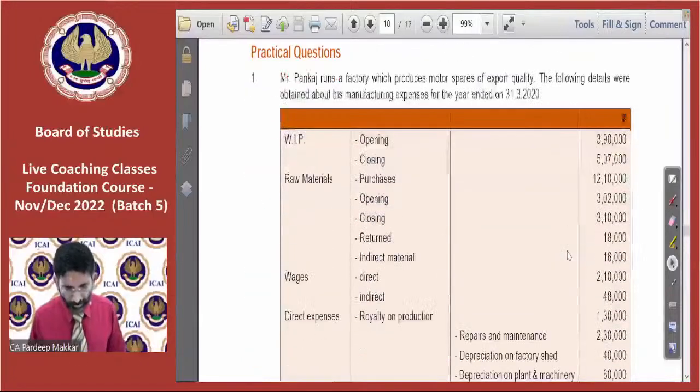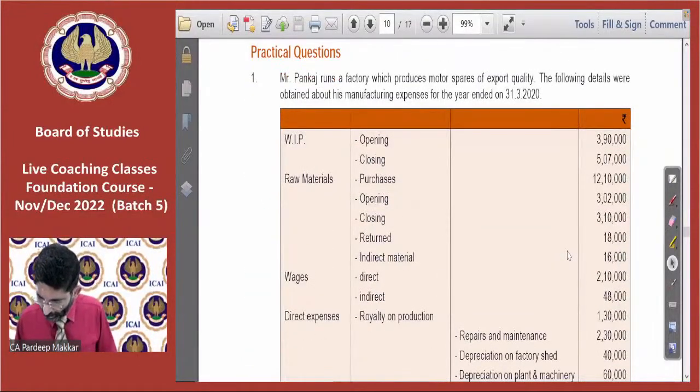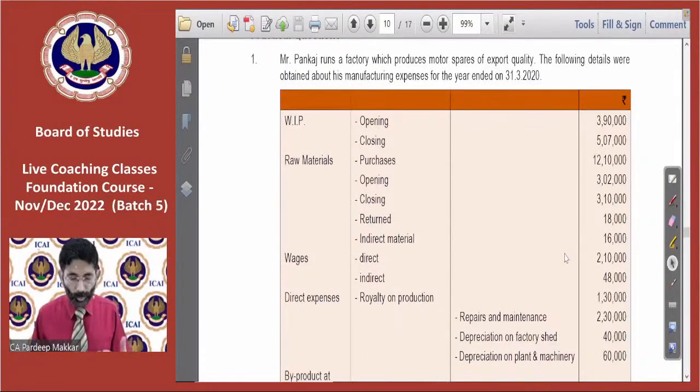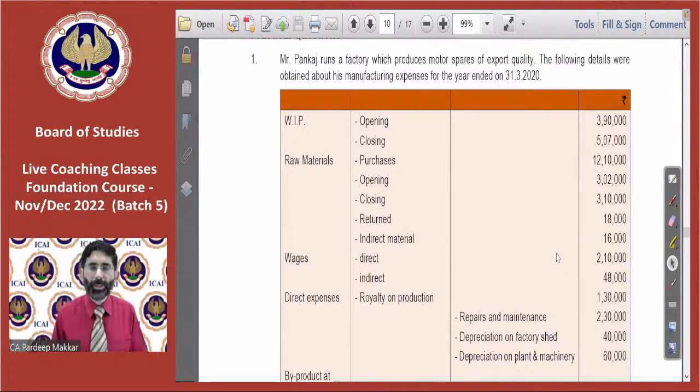Yes, practical question number 1. No query is sent. He is just telling me to solve this all. So we will discuss it. In that case, you will be clear on all the points.